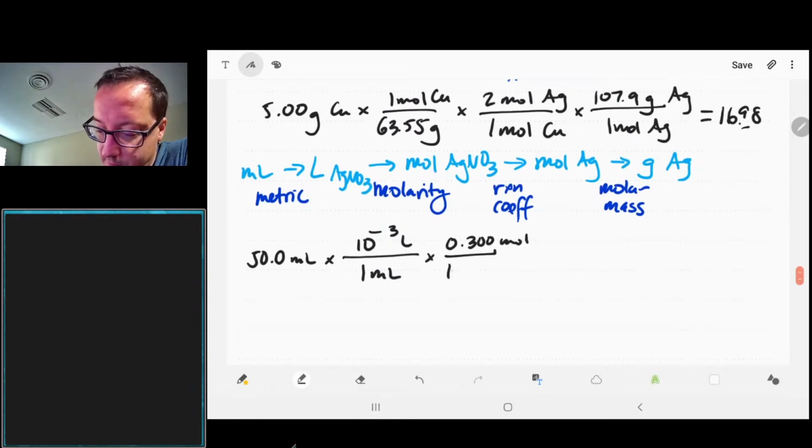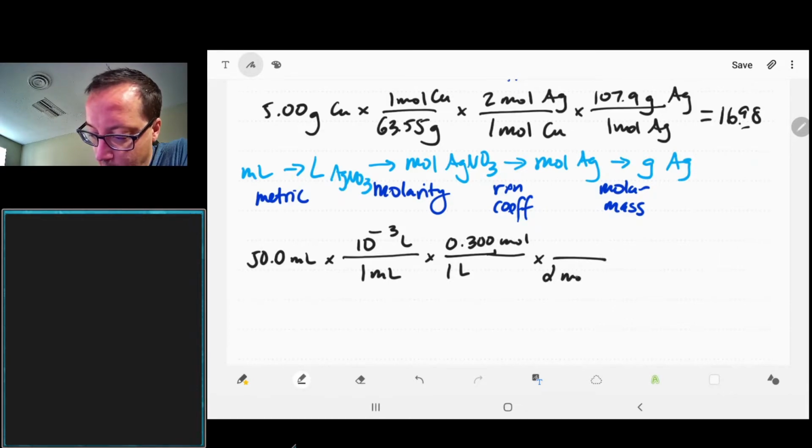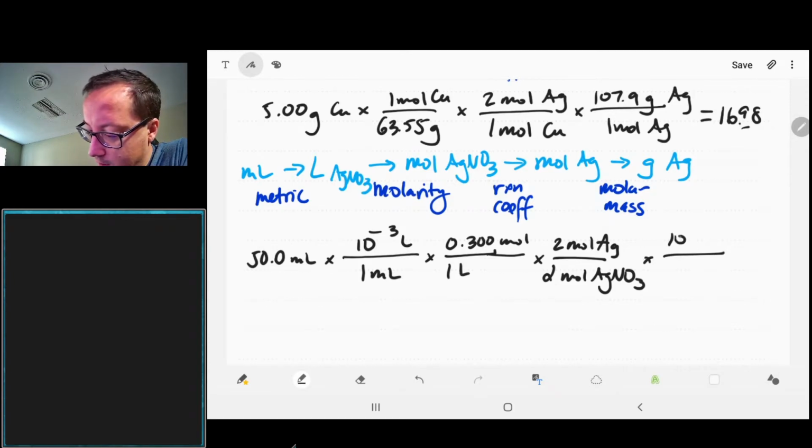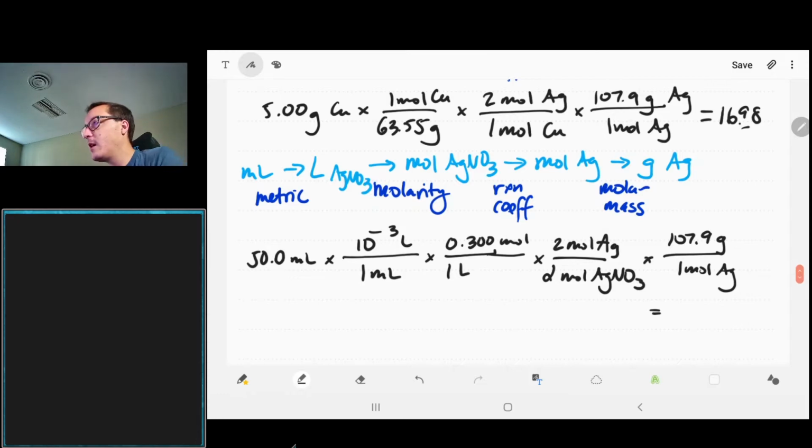That's moles per liter. We have our 2 moles of silver nitrate for 2 moles silver. And then we have that atomic mass from before.